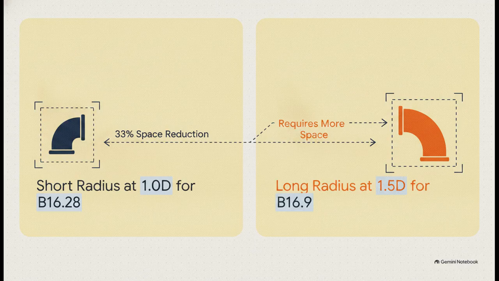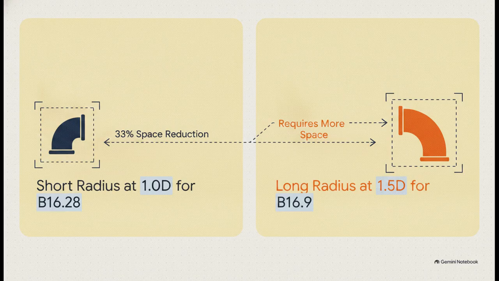Section 3. Short versus long radius. Now, what's really interesting is how our GHOST standard physically contrasts with a classic industry workhorse. To really understand B16.28, we've got to break down the math against B16.9. So ASME B16.9 typically gives you a long radius, meaning the radius is 1.5 times the nominal pipe size, or 1.5D.